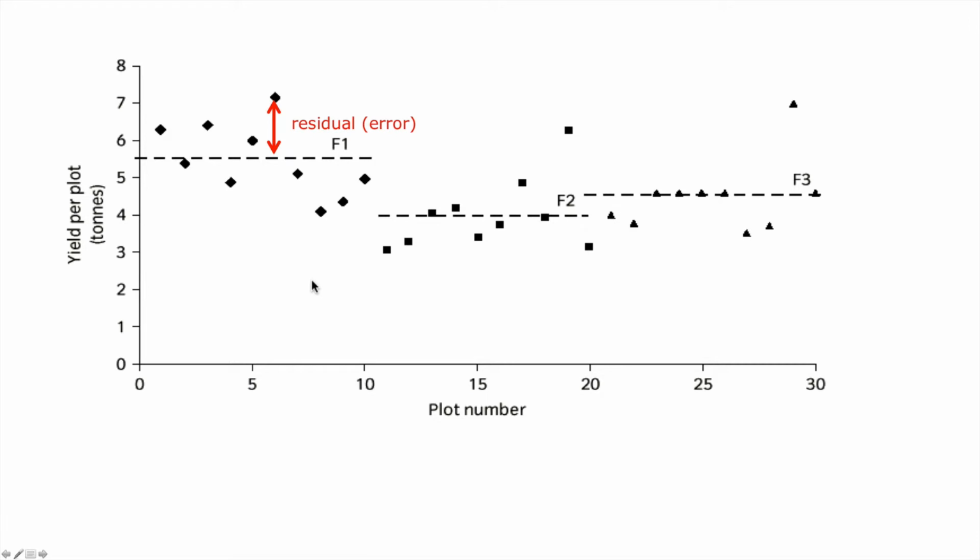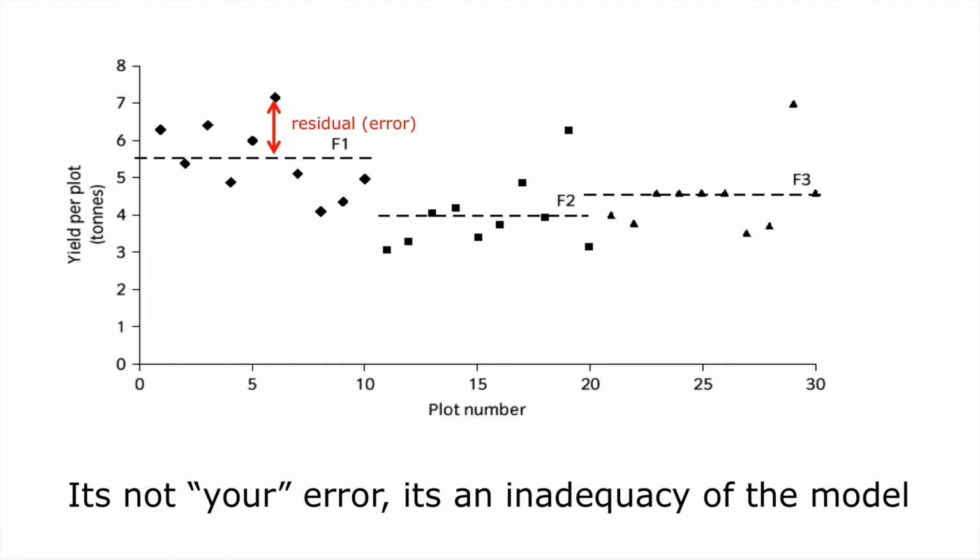Now, the first point I'd like to make is that the error is an inadequacy of the model. It's not your inadequacy. So it's not me, it's you. It's the model's fault that it simply can't explain all of the variability in the data. It's not a mistake, it's just the bit that's left over when we fit our model.